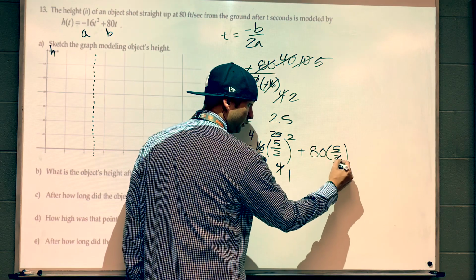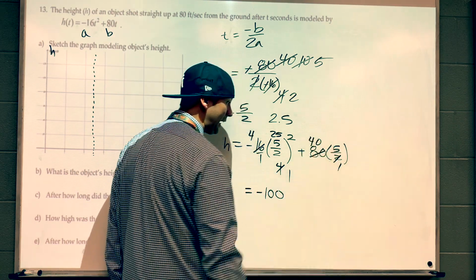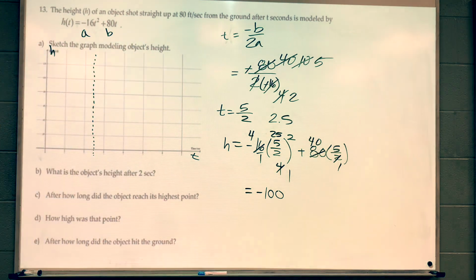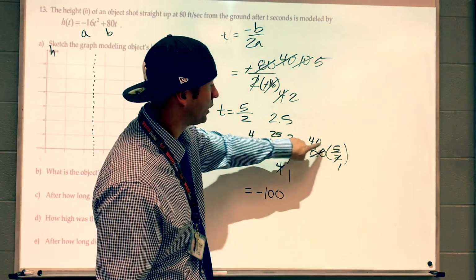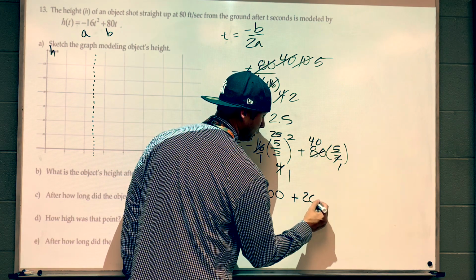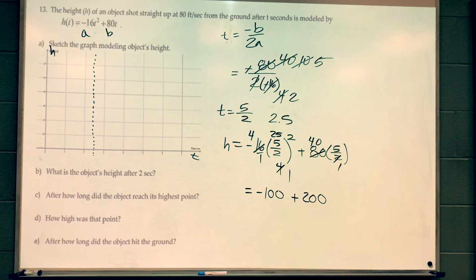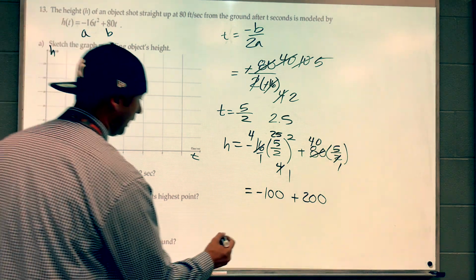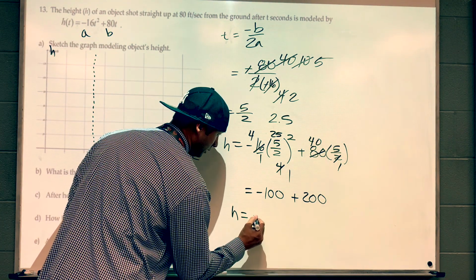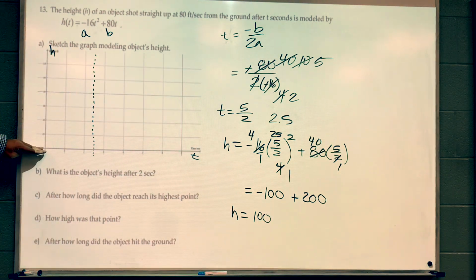Here, 2 goes into 2 once, 2 goes into 80 40 times. Top times top, 40 times 5 gives me positive 200. So negative 100 plus 200, h is going to equal 100. I feel like it's right here: 20, 40, 60, 80, 100.